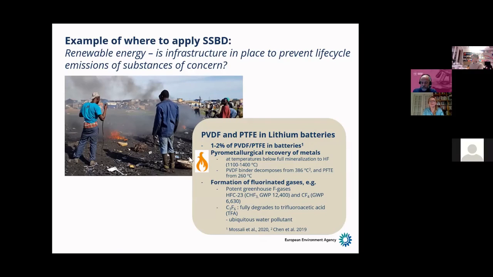For instance, lithium batteries have 1 to 2% of fluoropolymers in them, and the lithium is often recovered by heating it at so low temperatures that these fluoropolymers do not fully degrade, but they form F gases that are greenhouse gases, and also ozone depleting substances, plus as well substances like trifluoroacetic acid, which are persistent mobile compounds that is a problem for the water.